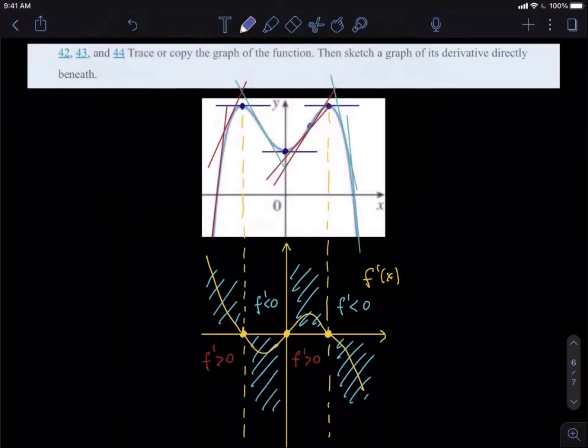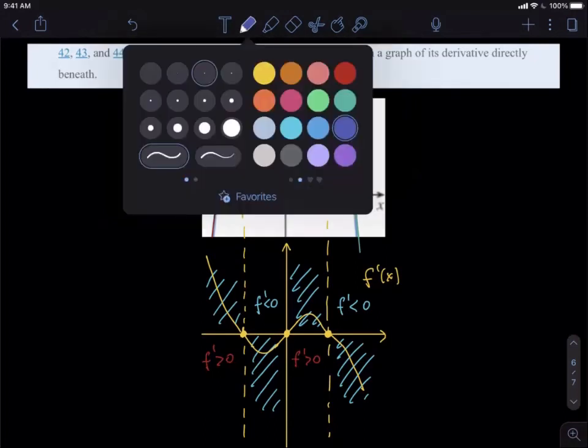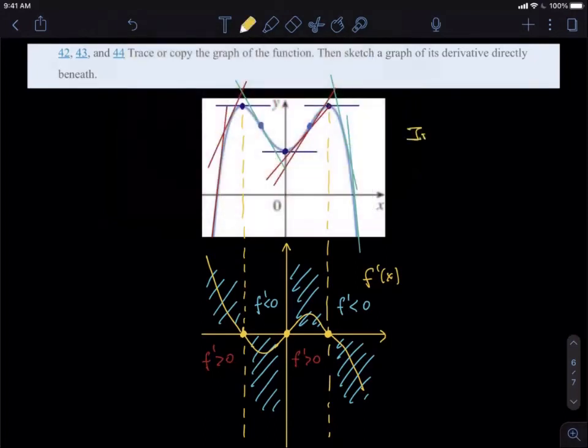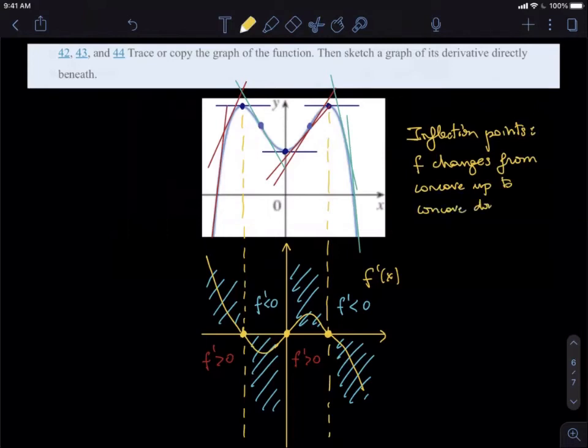There are these points here that are called the inflection points. That is where f changes from concave up to concave down. Concave up means curved upwards, concave down means curved downwards.